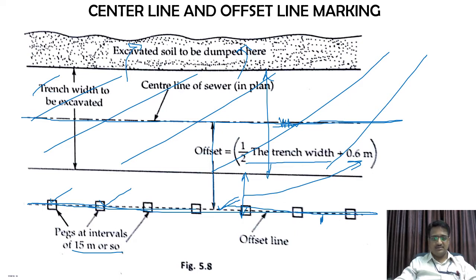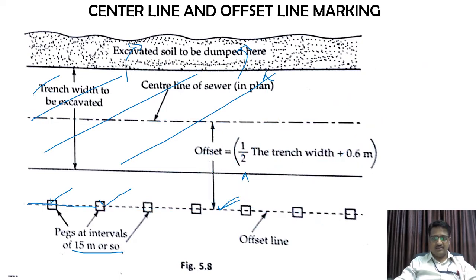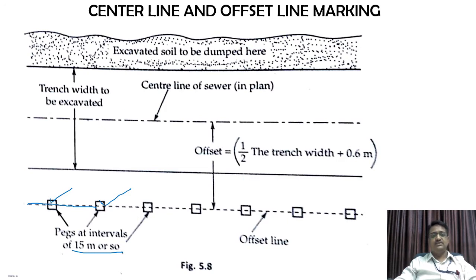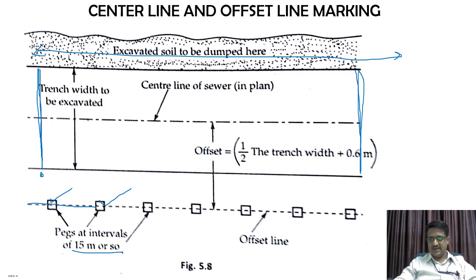In simple terms, imagine this is the entire length. Whenever I consider the elevation or the bottom of this sewer line at this section, if I draw the section over here, it will be at a higher elevation, and if I take a section over here, it will be at a lower elevation.